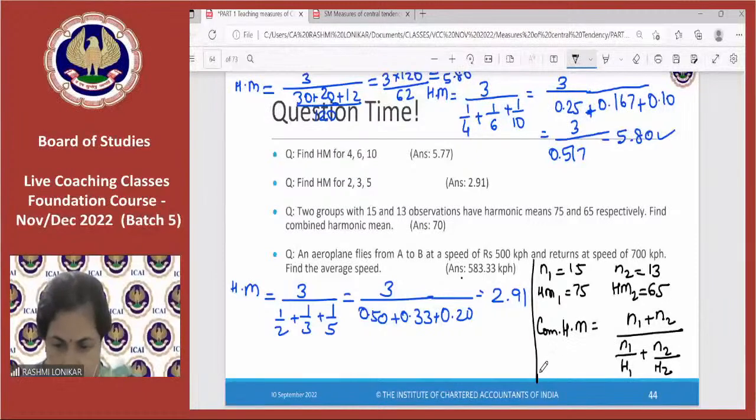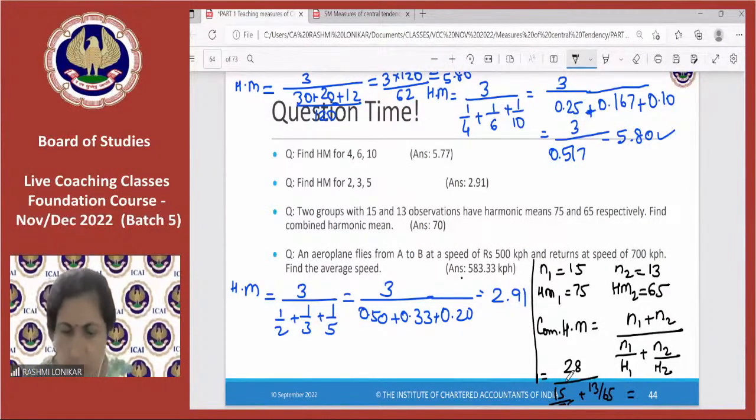So N1 plus N2 is how much? 28. 28 upon 15 upon 75 plus N2 is 13 upon 65.